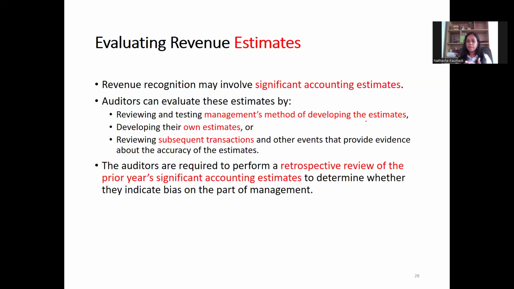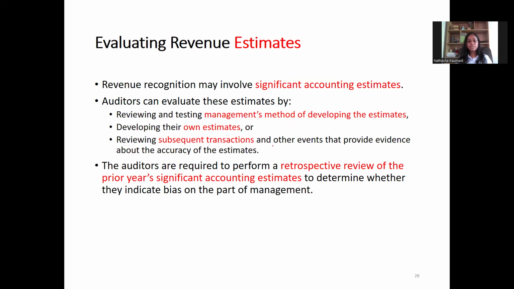We have to inquire of the management and ask how you estimated this. What are the things you used? What basic information did you use to come up with this estimate? What is the method you used? Likewise, we have to question them. Developing their own estimate: as auditors, we can develop our own estimate as well.